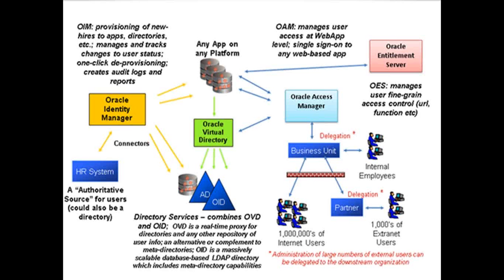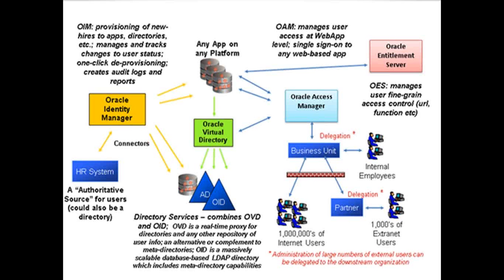Firstly we talk about the directory structure. OVD is a real-time proxy for directory and any other repository for user info, an alternative or complement to meta directories. As I already said, it's a proxy service, just like a load balancer or clustering, which redirects requests coming to any of the directory services.